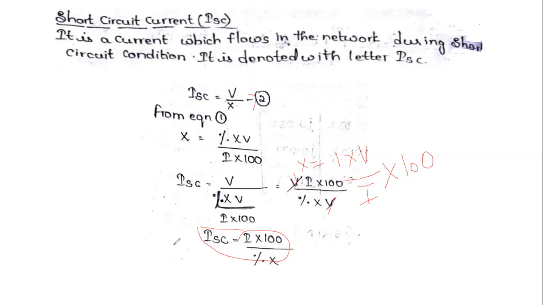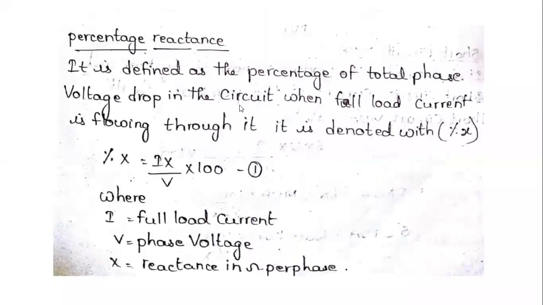That is the formula for short circuit current and also the percentage reactance. This is the percentage reactance formula, and that is the short circuit current formula.